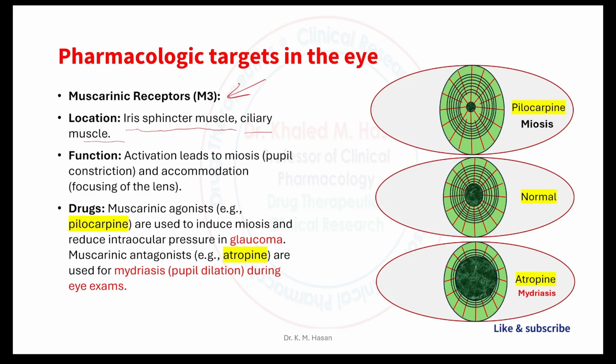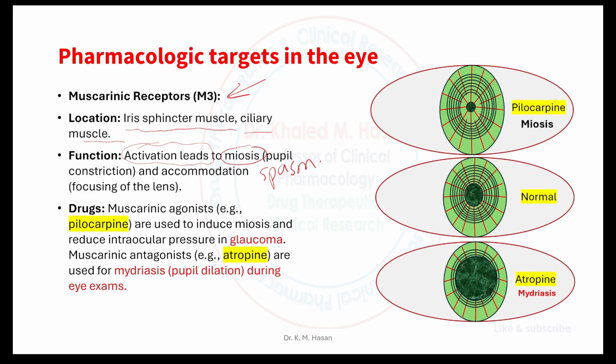With the cholinergic agonist, this will lead to activation of the iris sphincter muscle, leading to miosis, pupil constriction, and accommodation spasm.